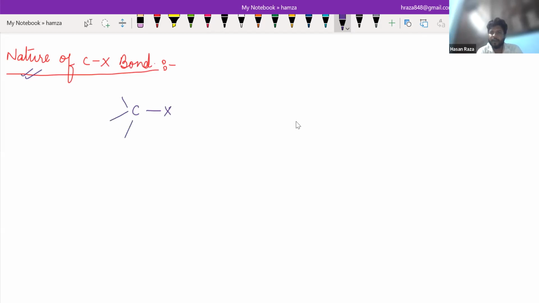Now we already know that this X means halogen, which is more electronegative than carbon. That means, does anyone have any idea about electronegativity? What is electronegativity? Sneha, Hamza, and Nafisa.